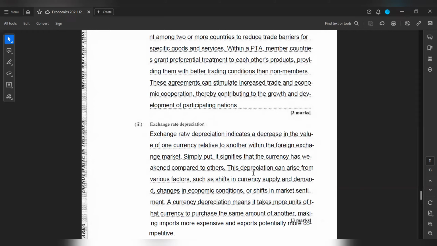This depreciation can arise from various factors, such as shifts in currency supply and demand, changes in economic conditions, or shifts in market sentiment. A currency depreciation means it takes more units of that currency to purchase the same amount of another, making imports more expensive and exports potentially more competitive.